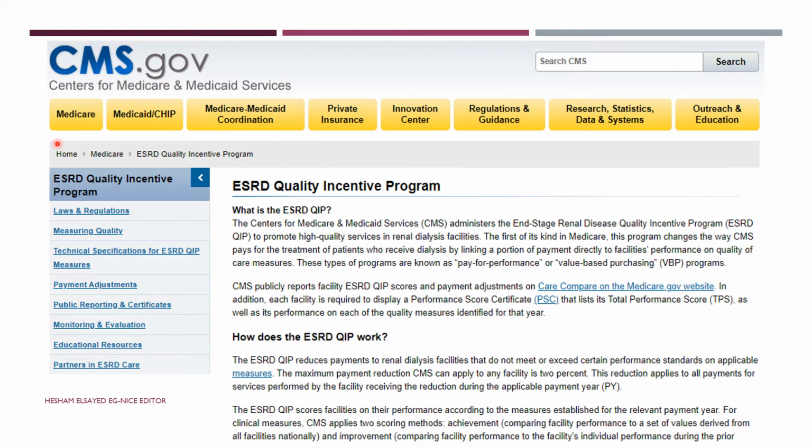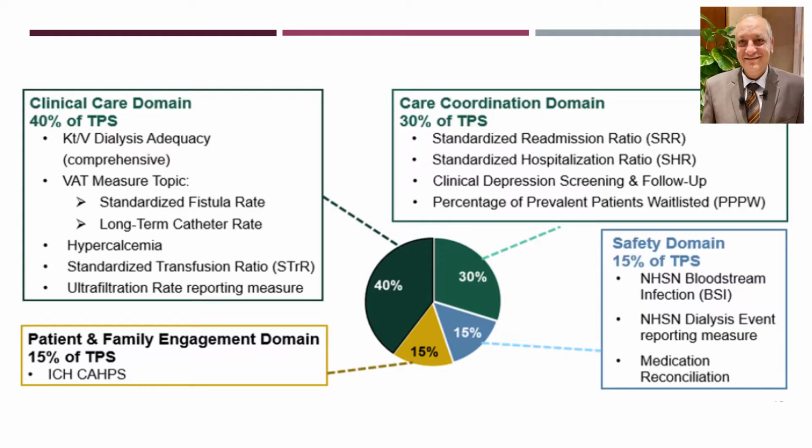Example of the quality control system as well as the incentive programs and payments, controlled like in the Centers for Medicare.